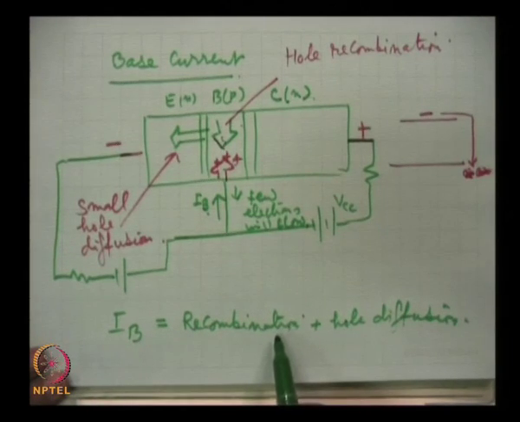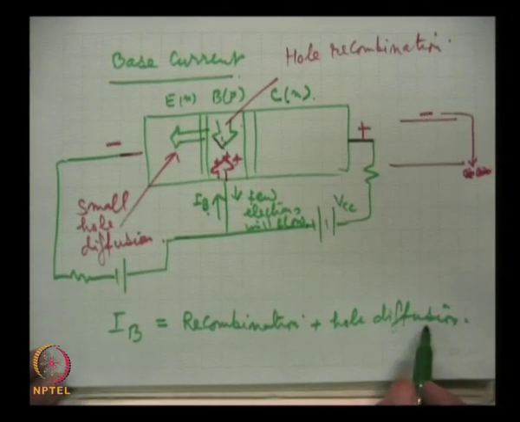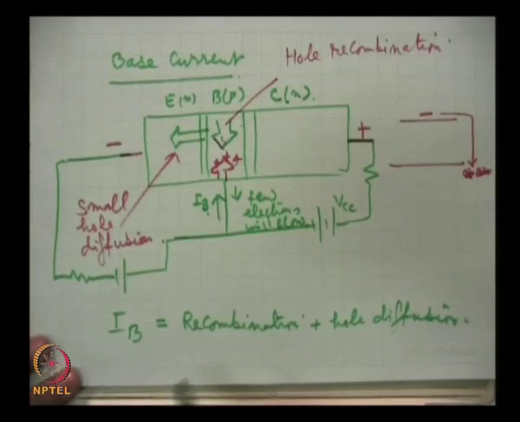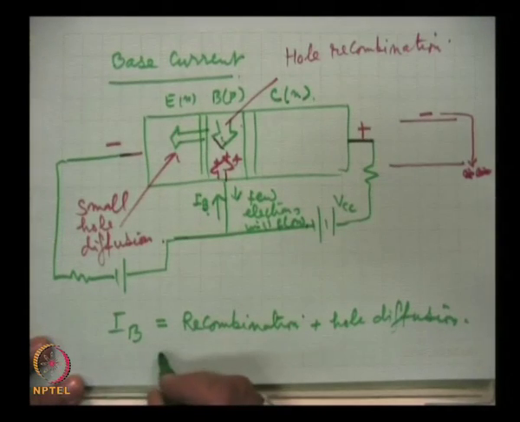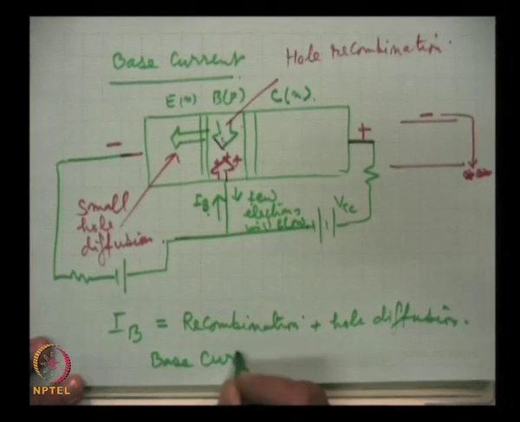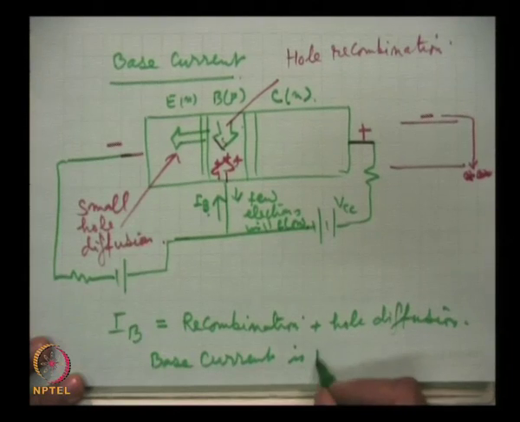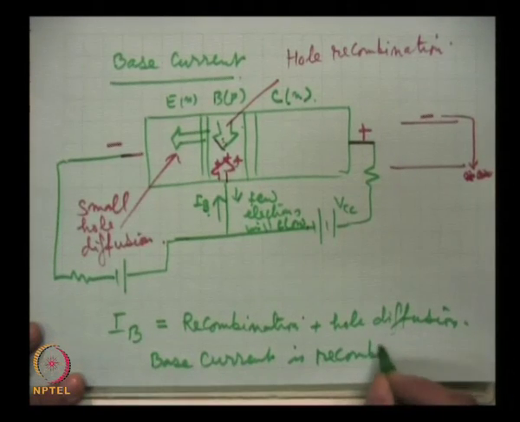The recombination part is much higher as compared to this, and that is the reason that the base current is called a recombination current. Base current is largely a recombination current.